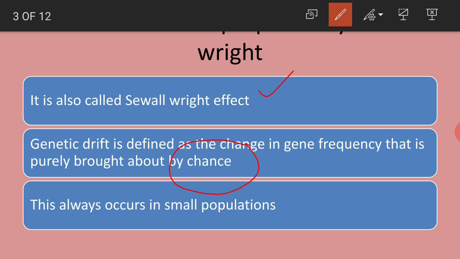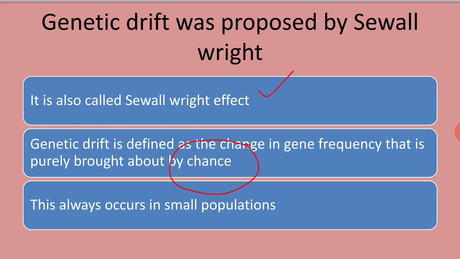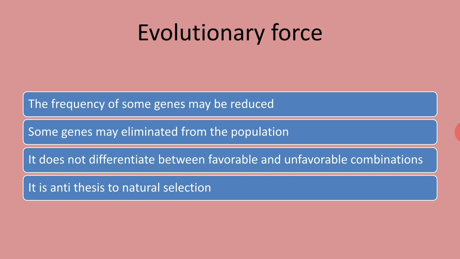So, genetic drift occurs purely by chance. It was discovered by Sewall Wright. Hence, it is called the Sewall Wright effect, and it always occurs within small populations. And it is undoubtedly an evolutionary force, just like natural selection. It is undoubtedly a driving force, just like natural selection.